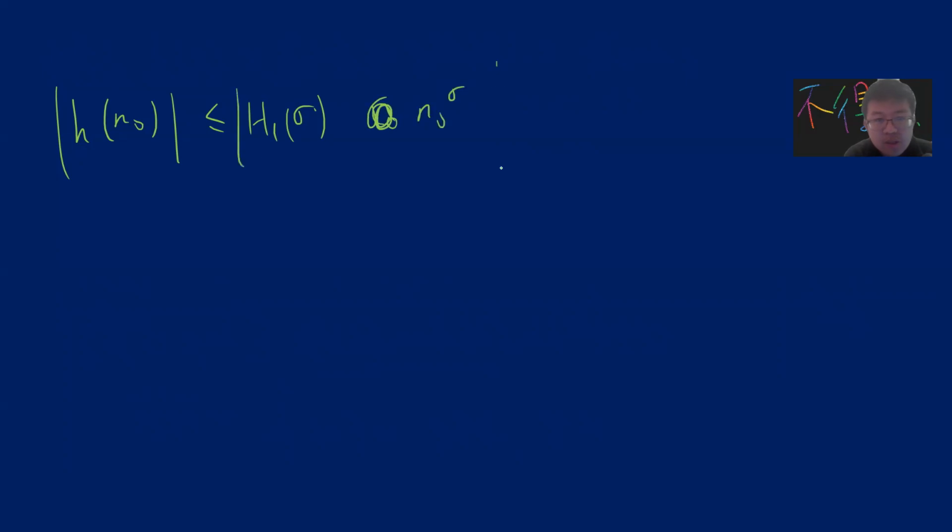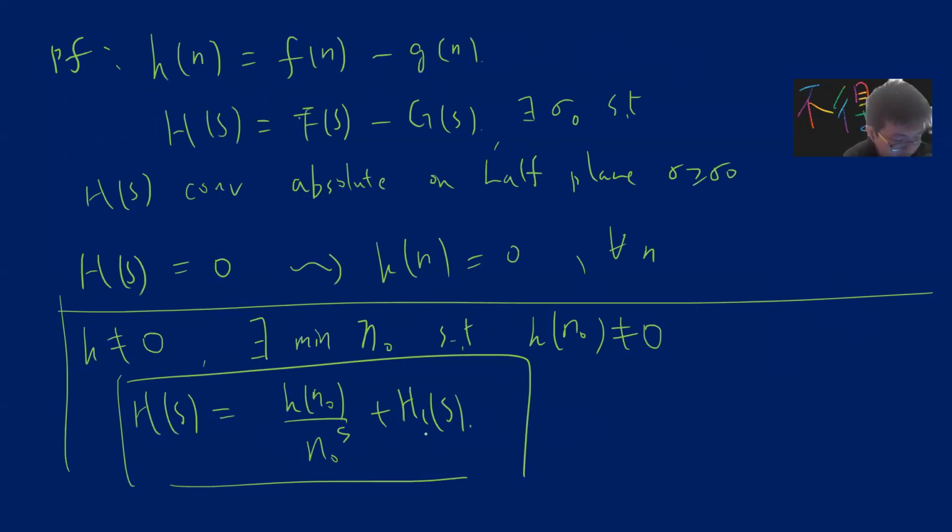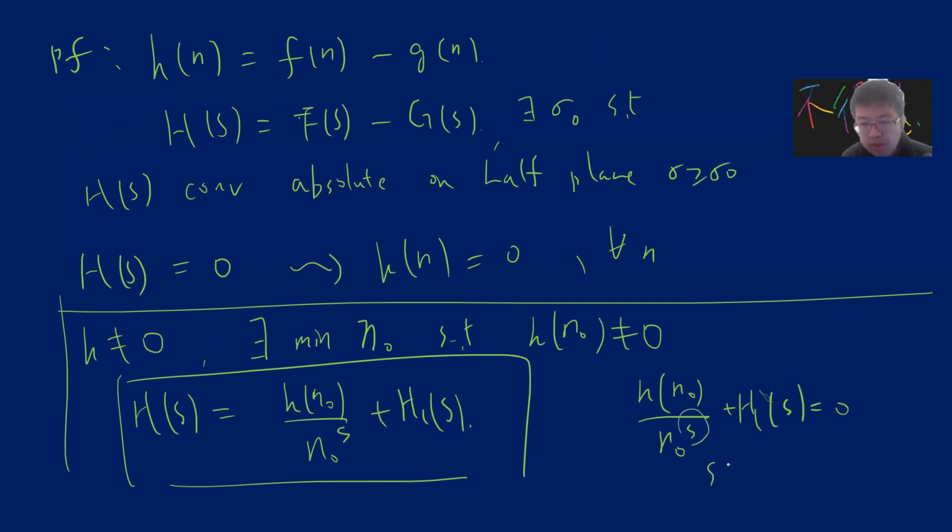Now I want to bound this h(n_0). So |h(n_0)| is bounded by |h_1(sigma)| times n_0^sigma. The reason is that h(n_0)/n_0^s plus h_1(s) is 0, because h is identically 0. So when s is put to sigma, if you choose s greater than some sigma_0, then you should get this.